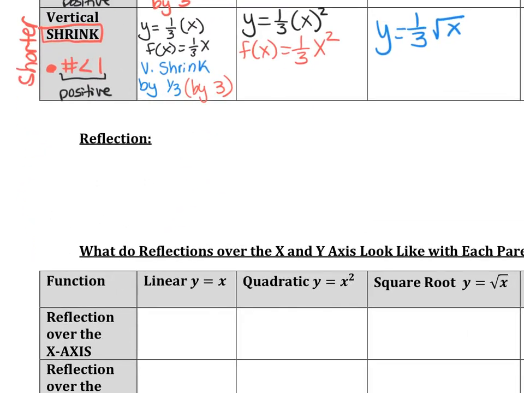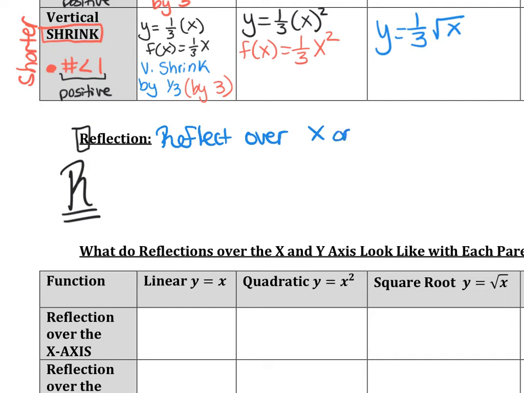Now we're going to talk about the R part, the reflection. So the reflection is where a graph is either going to reflect over the x-axis or the y-axis. So reflections are where the negative signs come in.